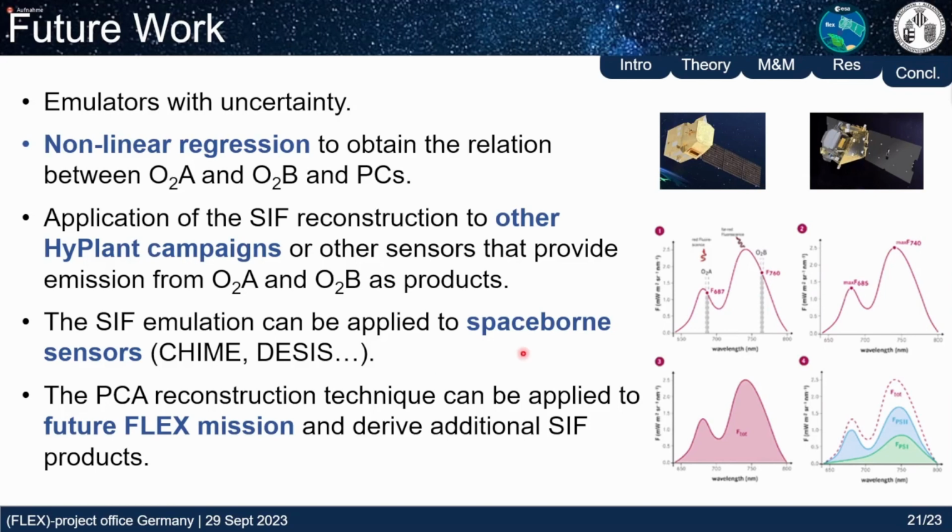We only have to train it with this sensor. And the principal component reconstruction technique can be applied to future FLEX missions and derive additional SIF products like the max peak of fluorescence in A and B, or the integrated full fluorescence under the curve.